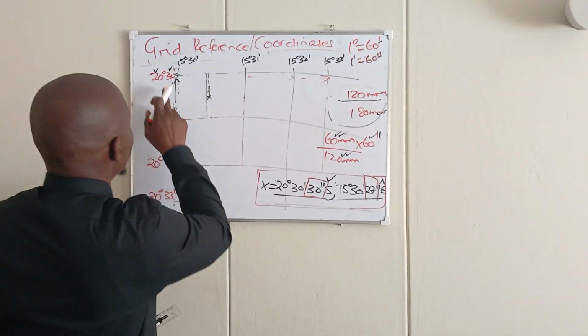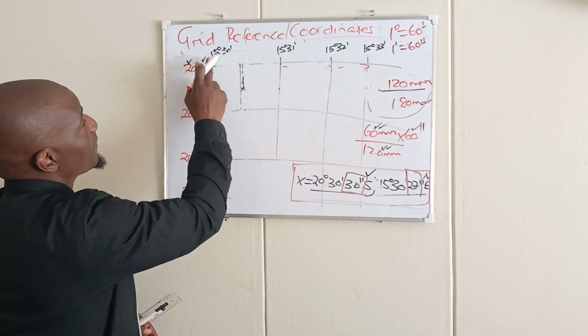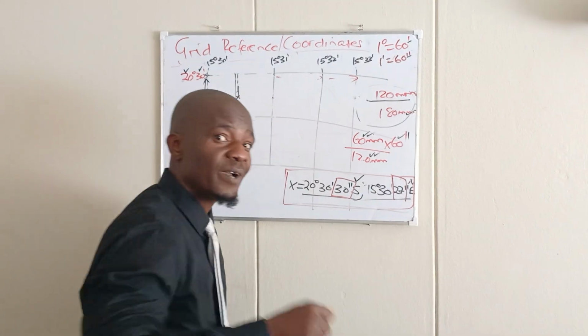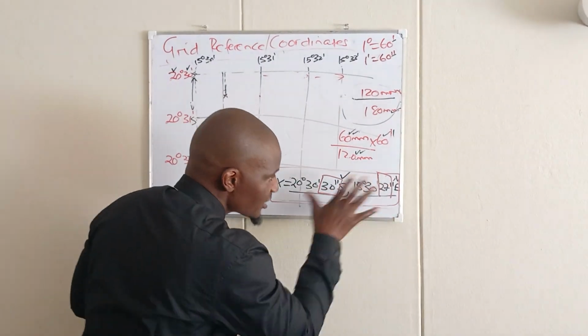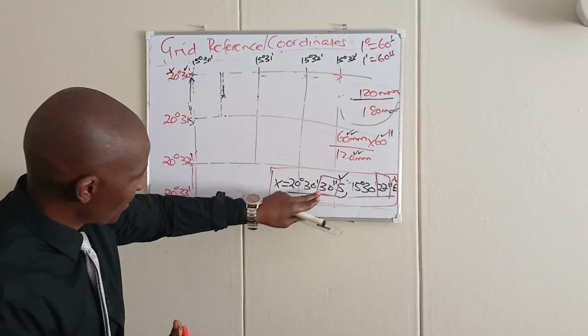I already know my 20 degrees and 30 minutes is on the map. I know my 15 degrees and 30 minutes is on the map. So given the coordinates, I want to find what feature is on this given location. So I'll use my seconds.